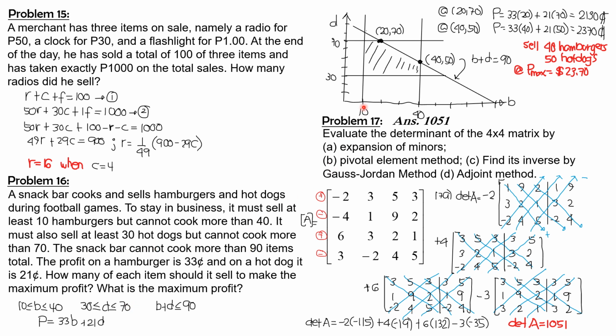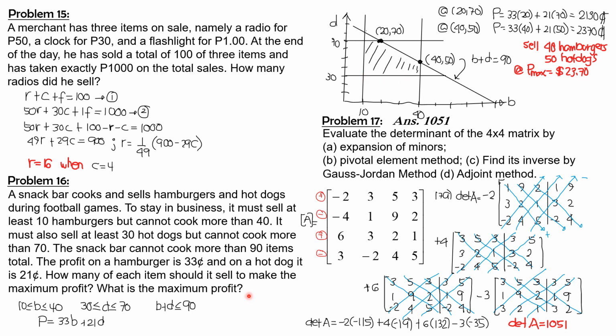Then let's plot it on the real number line. The horizontal is burgers, the vertical is hot dogs. So for the burgers, this is the constraint from 10 to 40. For the hot dogs, 30 to 70. So the solution would be somewhere in this rectangular part here.